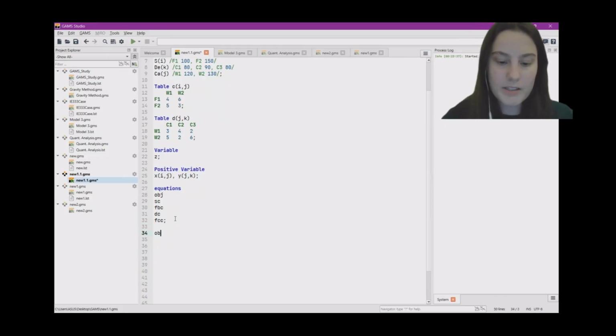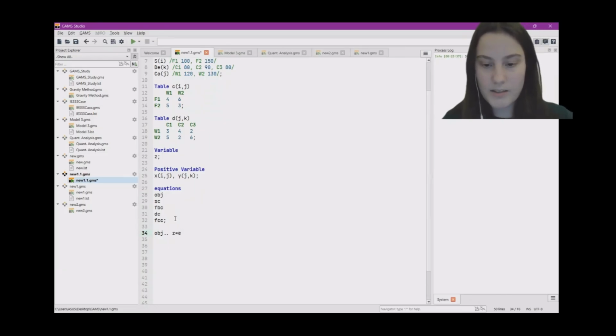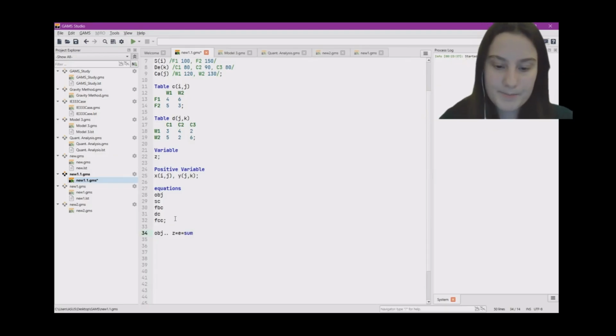Okay, objective function dot dot. So z equals, we say equal sign, equal sign. And then we are going to sum.